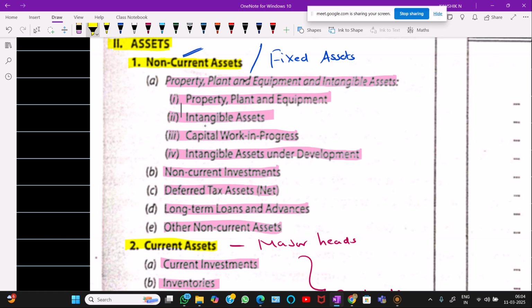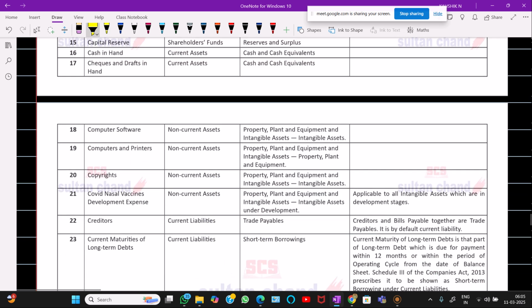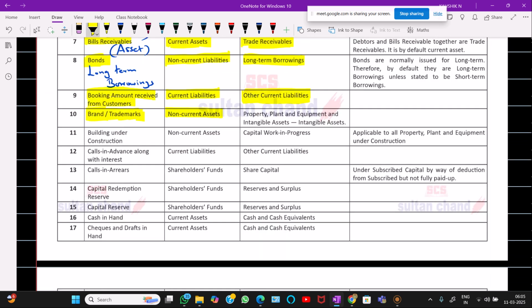Or I have non-current investment, or is it deferred tax assets net, or long-term loans and advances, or other non-current assets. So out of the given subheads, which one can I pick?